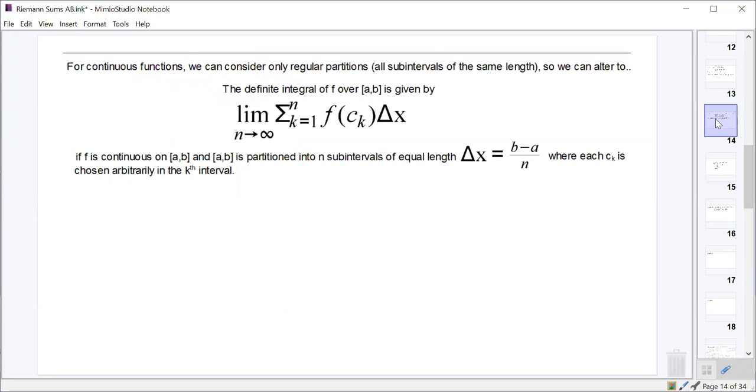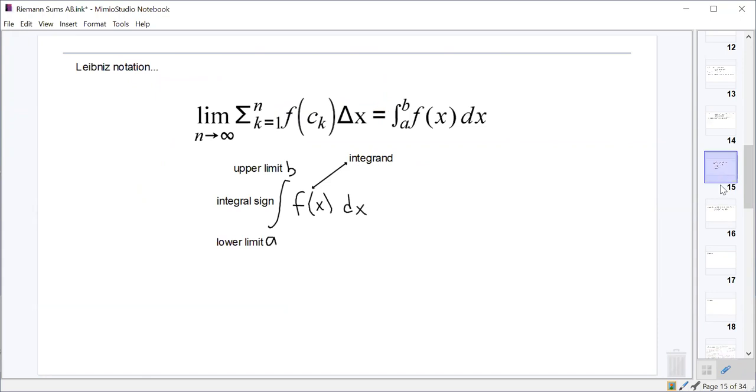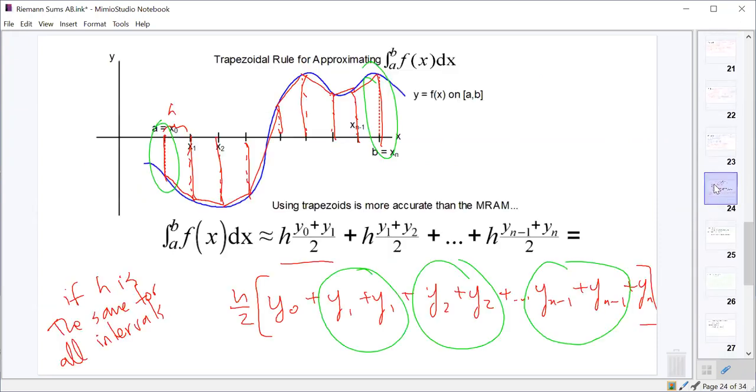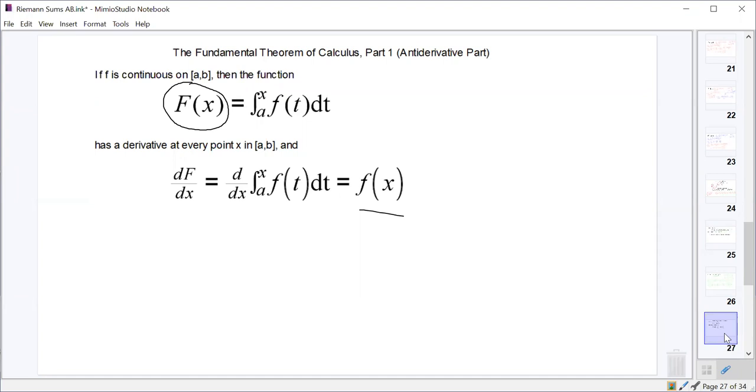A definite integral is on an interval from a to b, so it has a lower limit and an upper limit that are numeric values. The difference now is that only the lower limit is a numeric value and the upper limit is a variable. This is a variable and this is a constant.